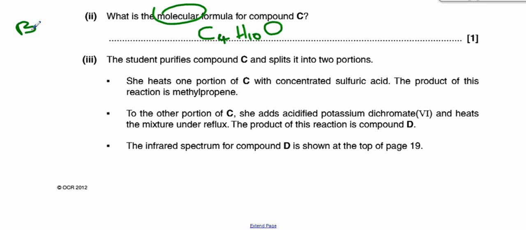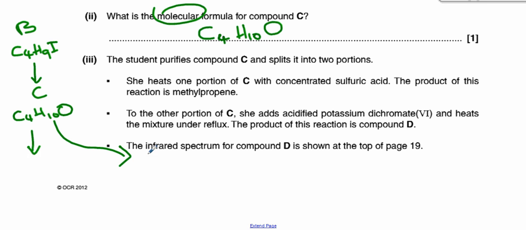We've got B, which is C4H9I. We've turned B into C, which we're saying is C4H10O. We know it's an alcohol. Now, C then is split into two portions. So we've got a portion there and a portion coming over there.